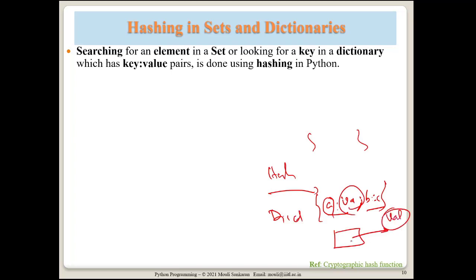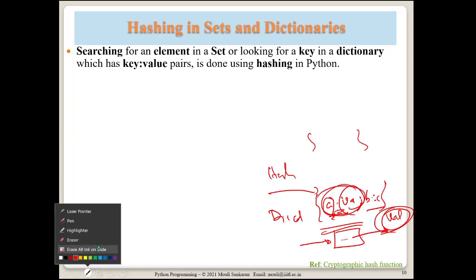So you search for a key in the dictionary, and once you find it using the hash function, you go to the index and access the value that is paired with this key. That is how a dictionary is accessed.